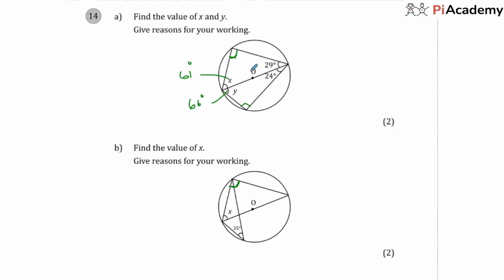So see, in this triangle, this is 90 degrees. So 90 minus 29 is 61. And here this is 90. 90 minus 24 is 66. So 61 and 66. Explain that. X is equal to 90 minus 29, which is 61. Y is equal to 90 minus 24, which is 66.